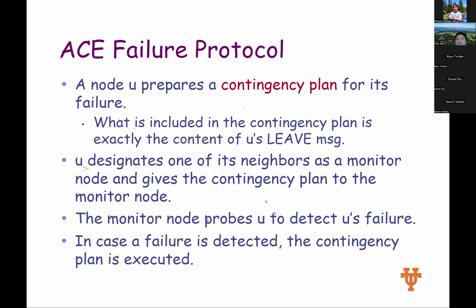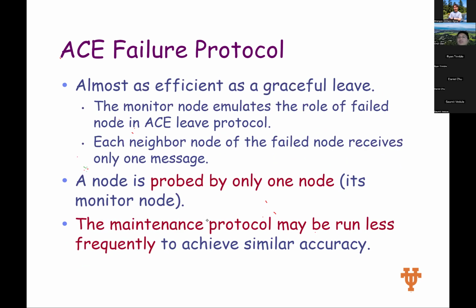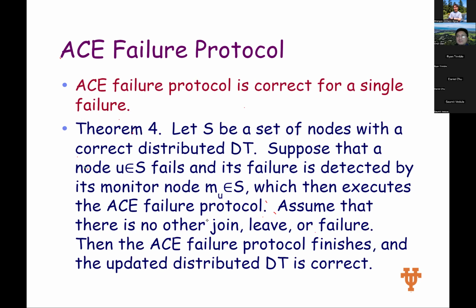And U will designate one of its neighbors as a monitor node and put the contingency plan on the monitor node. So if U fails, the monitor node will send the contingency plan to the others. Okay, so this is the failure protocol. By the way, this failure protocol is useless in a database, so I skipped the details.